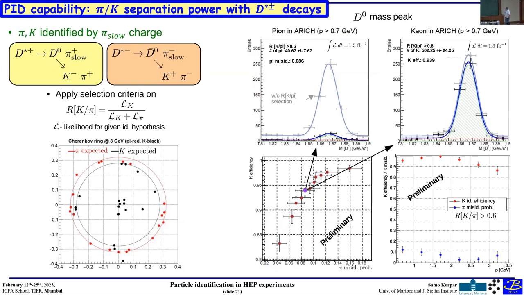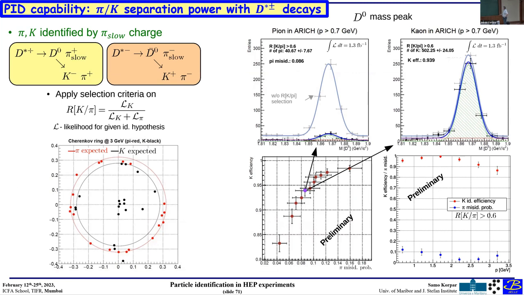And this is an example of how to calibrate or measure the capability of the separation for pions and kaons. Let's say a decay is used where you can, from the kinematics of the event, decide what was pion and kaon. You don't need particle ID for that. And this is the D star decay. The D star plus first decays into a D0 plus a pion which has very little energy because there is very little difference in masses.